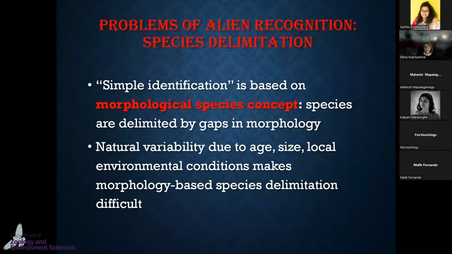The idea is that species are delimited by the gaps in their morphology. So the above example of Asterias amurensis went unnoticed because of the morphological similarity of the alien species to a native species. Also, there is a natural variability due to age, size, and local environment that makes morphology-based species delimitation quite difficult.